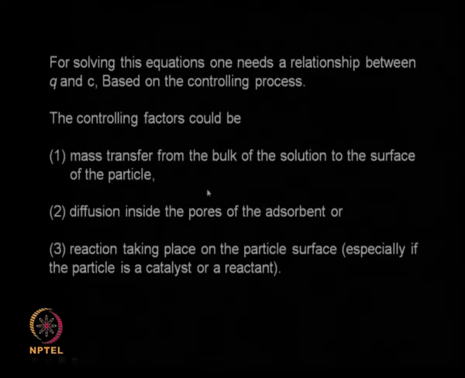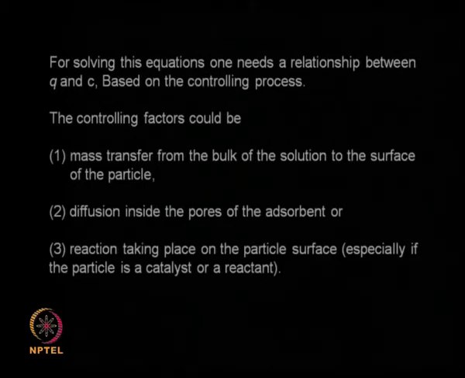One is the mass transfer from the bulk of the solution to the surface of the solid material, or the diffusion of the solute from the surface of the stationary phase into the pores. So depending upon which is controlling, you may have different types of relationship between q and c, okay.